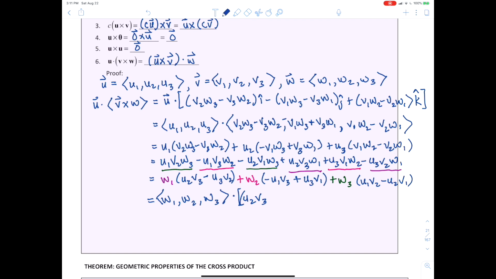All right, U2 V3 minus U3 V2 I. And then I'm going to factor out that minus, and then I'll have minus U1 V3, and I'll have a minus U3 V1. That'll be times my J, and then plus U1 V2 minus U2 V1, and that's times K.